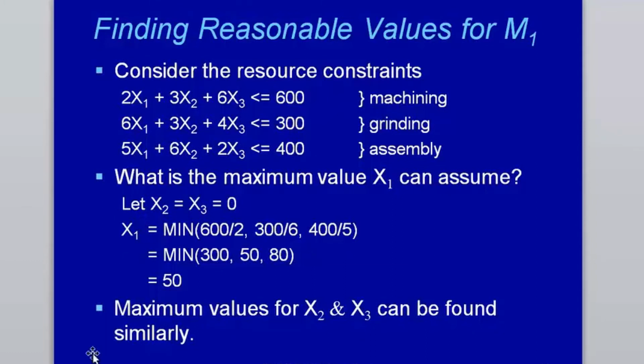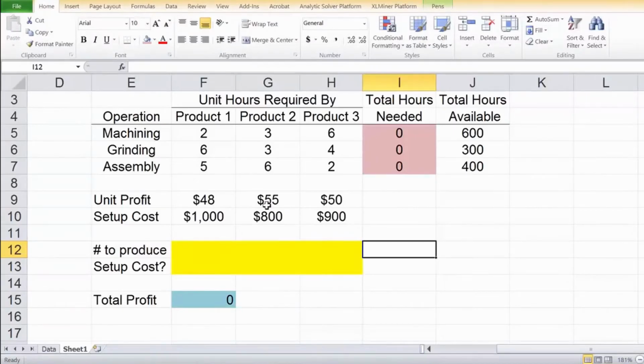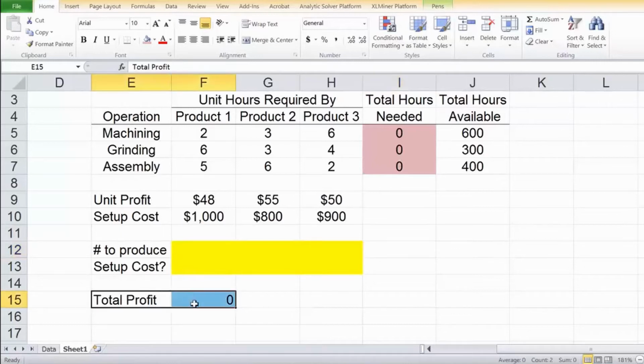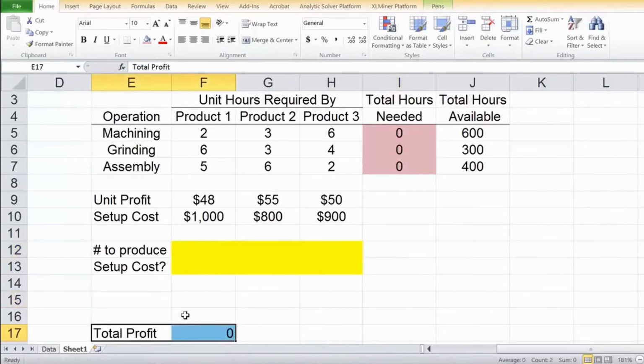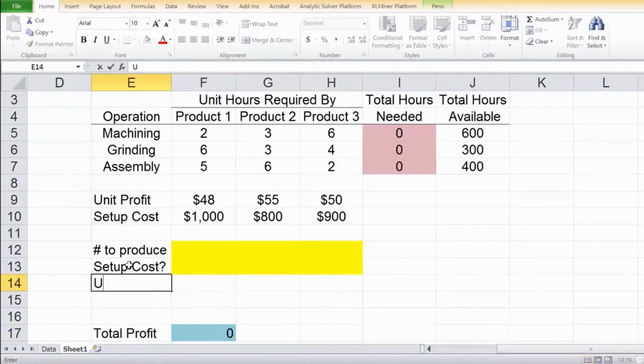So we're going to use the same relationship, even the same formula, to calculate this upper limit for x1. I'm just going to move this formula down 2 rows. Here I'm going to calculate the upper limit of xi, which is the mi.